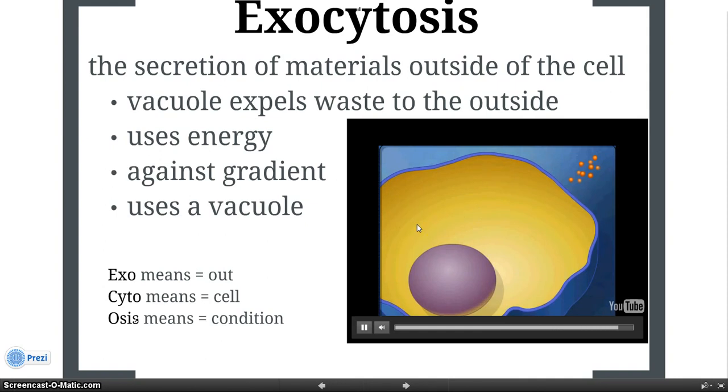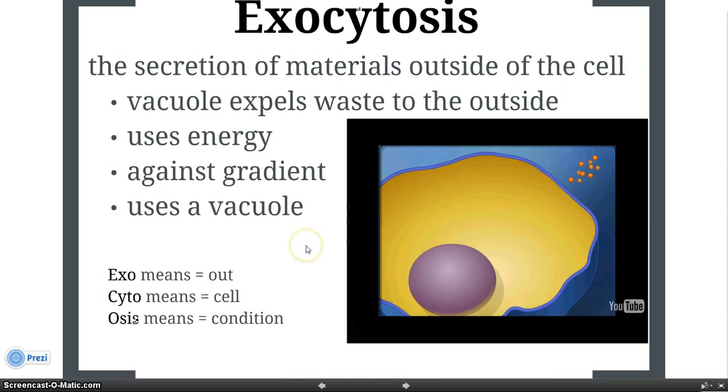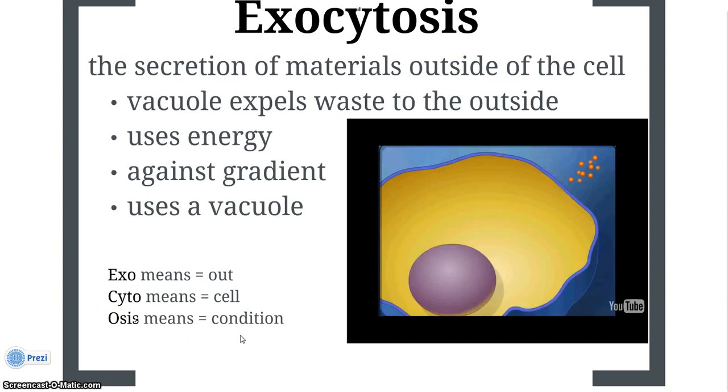Usually it's going to be some kind of waste, something that the cell does not need anymore. Again, it's going to use energy because it's against the gradient, and it does use a vacuole. Remember, exo means out, cyto means cell, osis means condition. Thus, it is the condition of going out of the cell.